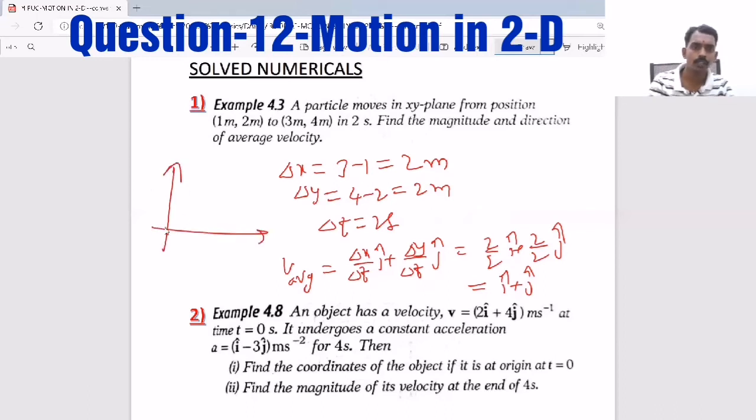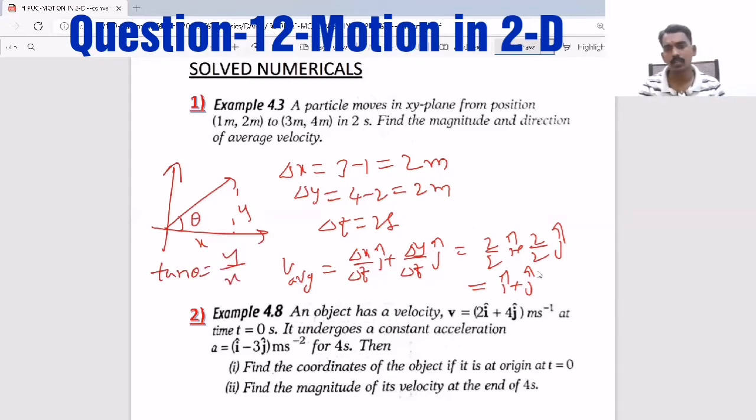If you take any vector a bar having an x component and a y component, making some angle theta with the x axis, then tan theta equals y by x. So here tan theta equals 1 by 1, because the i coefficient and j coefficient are both 1. So tan theta equals 1 means theta is 45 degrees.